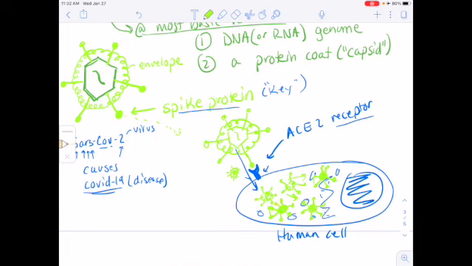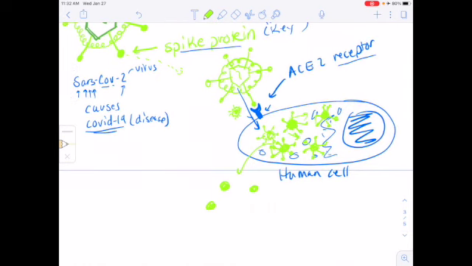And then what it can do is tell your cell to release all of these viral particles, releasing them out into the mucus in your lungs and nose, and then you cough and sneeze on somebody else, and this viral particle goes and finds your friend's nose and gets in there. So that's why we're wearing masks, to prevent transmission.